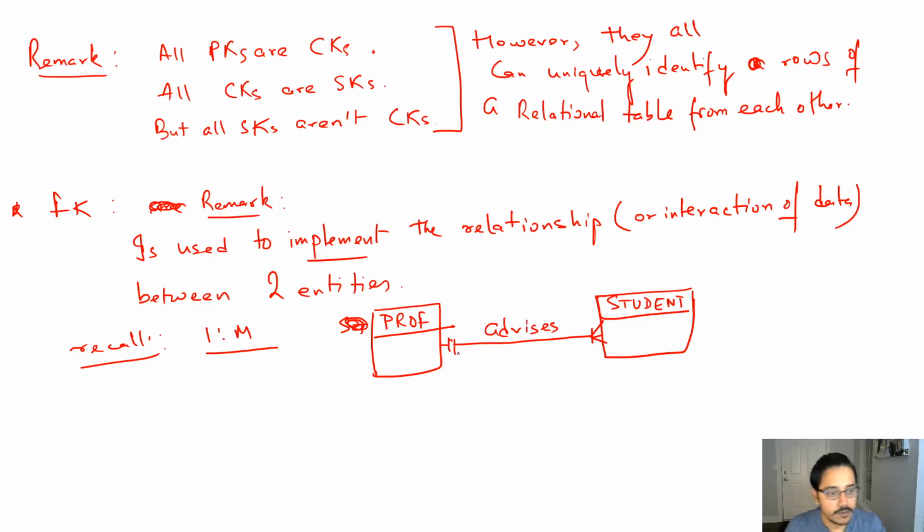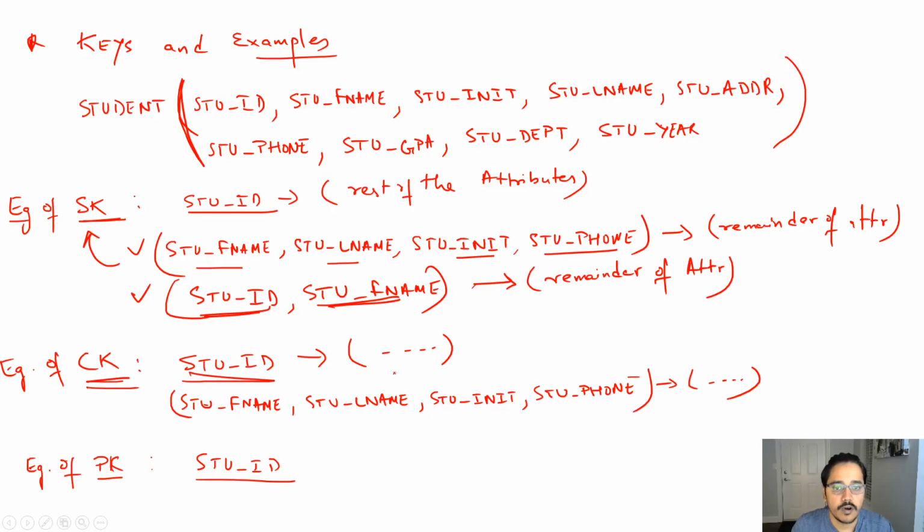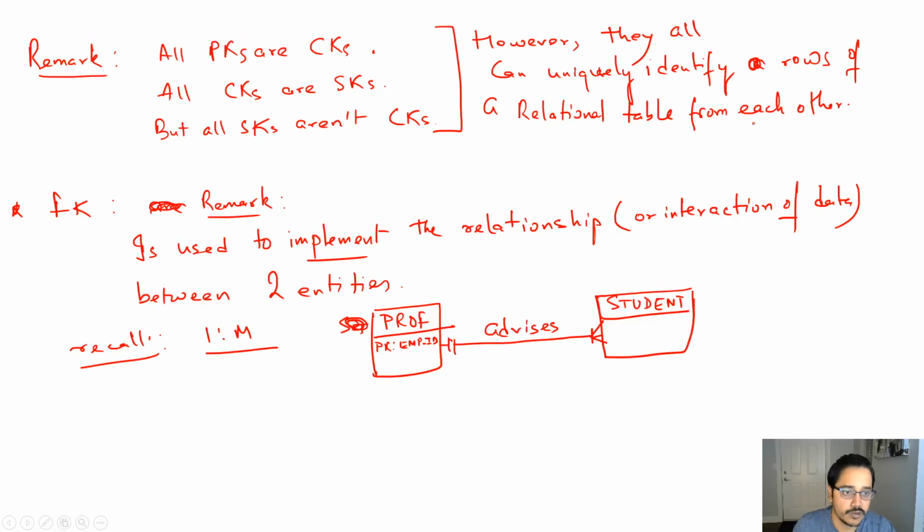So now here, if the primary key of professor is, let's say, an employee ID, and the primary key of the student table, as we identified, was student ID, then in addition to that, the student table will have a foreign key, which will be employee ID.